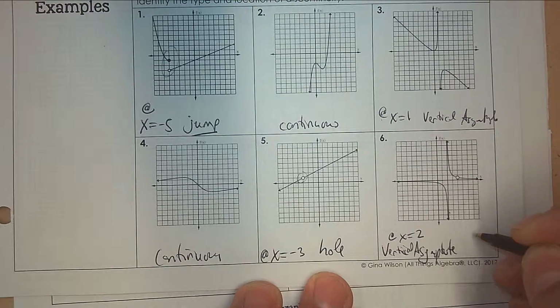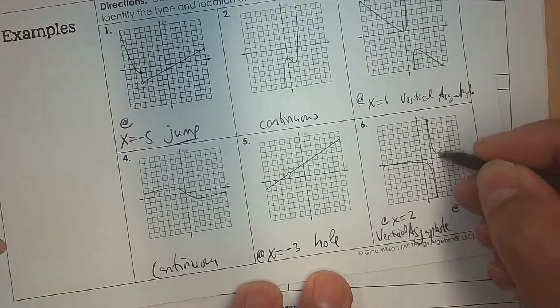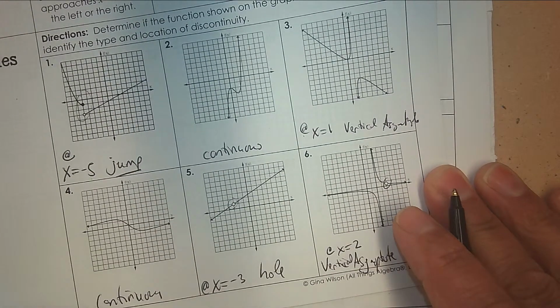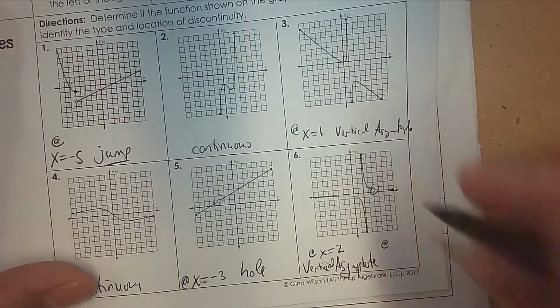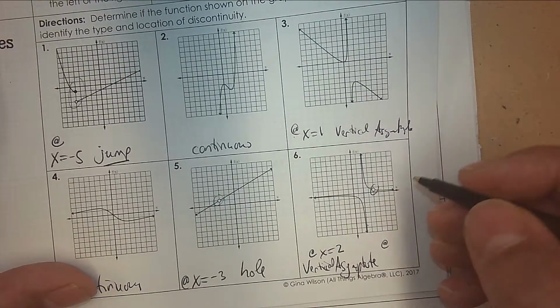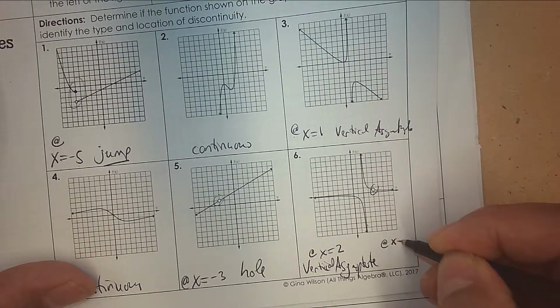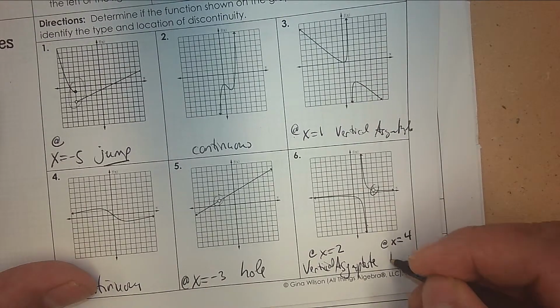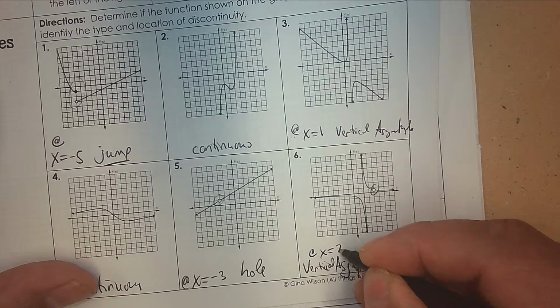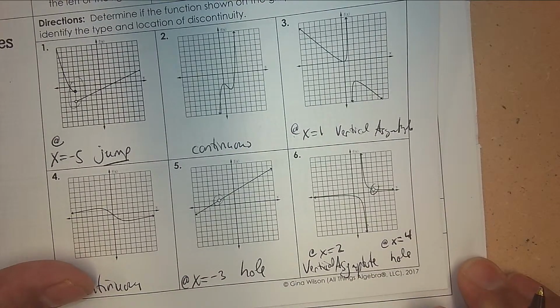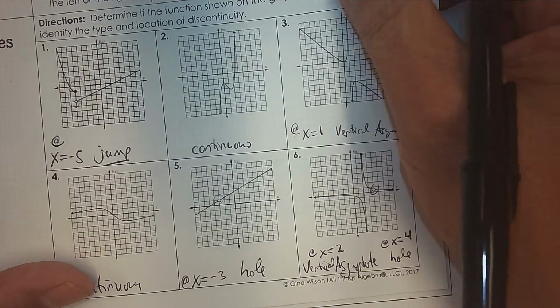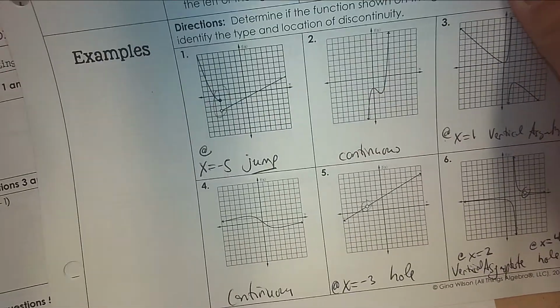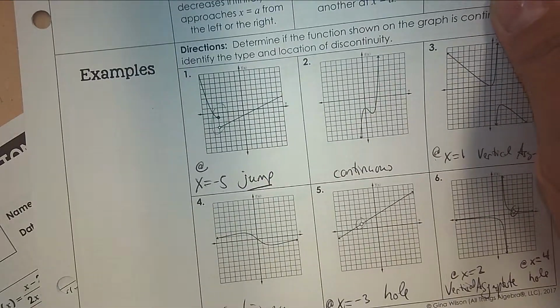And then where the hole is, at x equals 4, that's obviously a hole. So in this case, there's two x values where something is not continuous. Let me just get some space here. Turn the page.